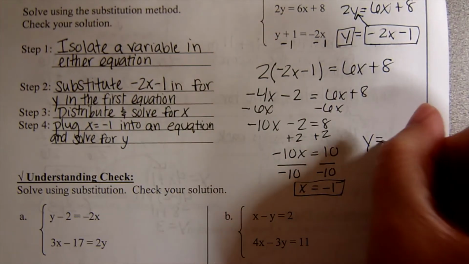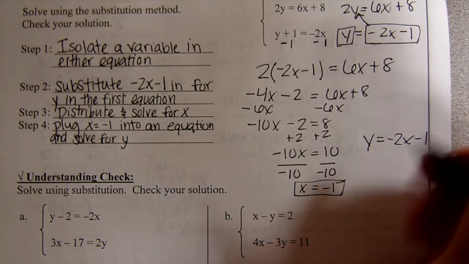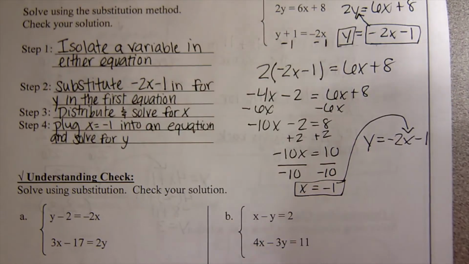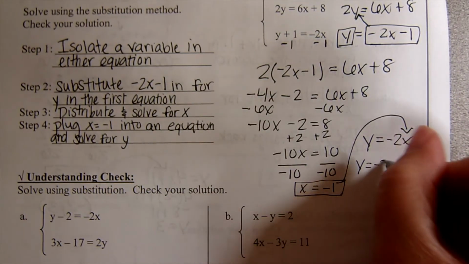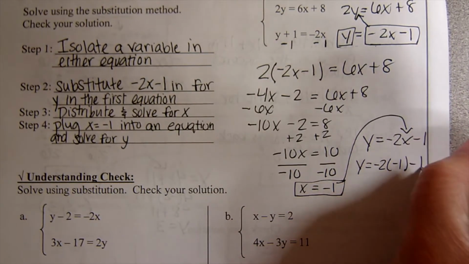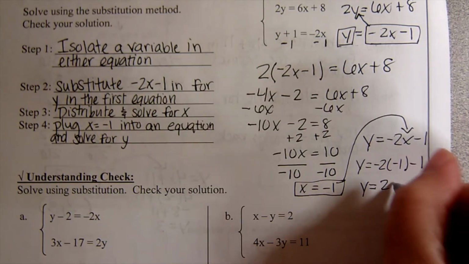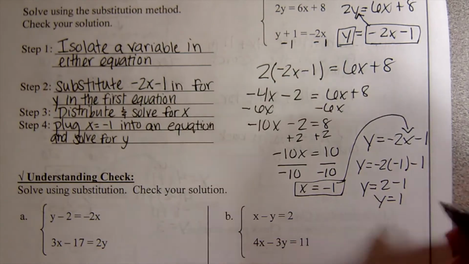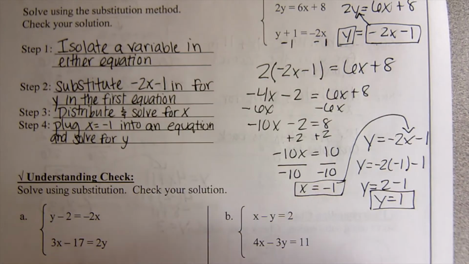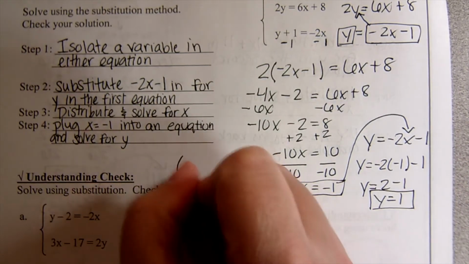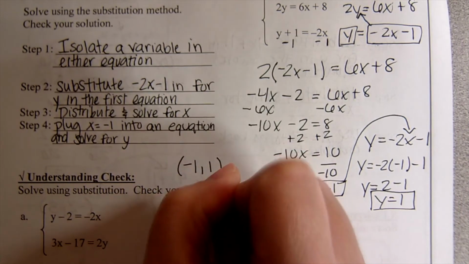So y equals negative 2x minus 1. I'm going to plug in negative 1 for x. So y equals negative 2 times negative 1 minus 1. So that would be y equals 2 minus 1, which is 1. So what is my solution? Negative 1, 1.